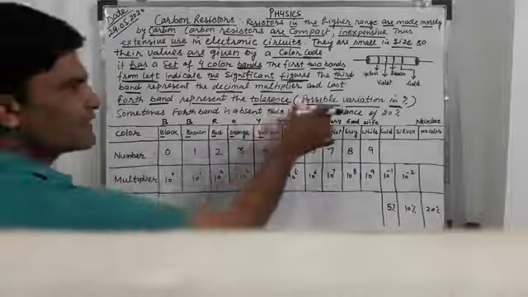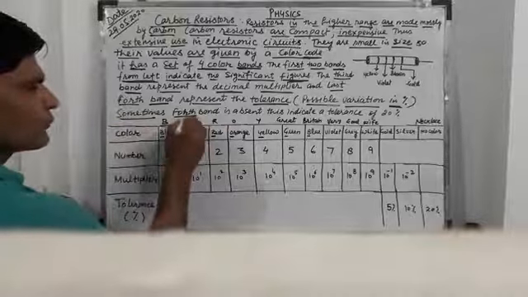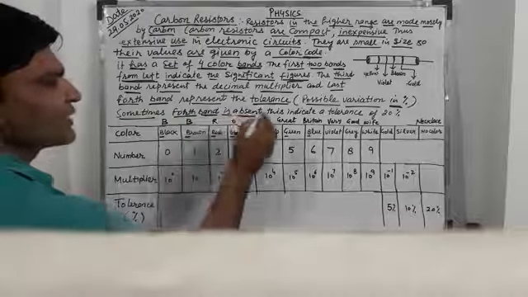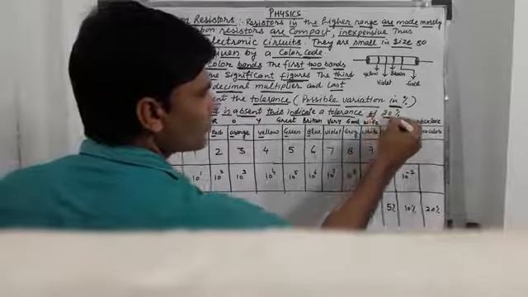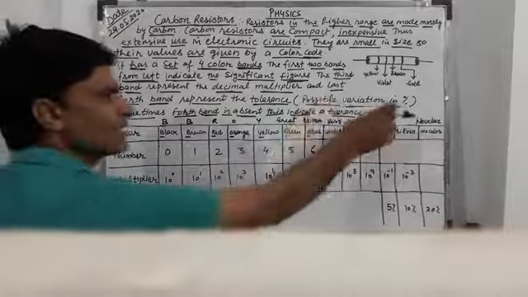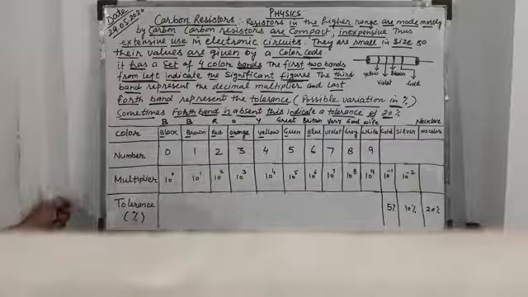Sometimes the fourth band is not printed. Then this indicates a tolerance of 20%, meaning the possible variation is 20%.